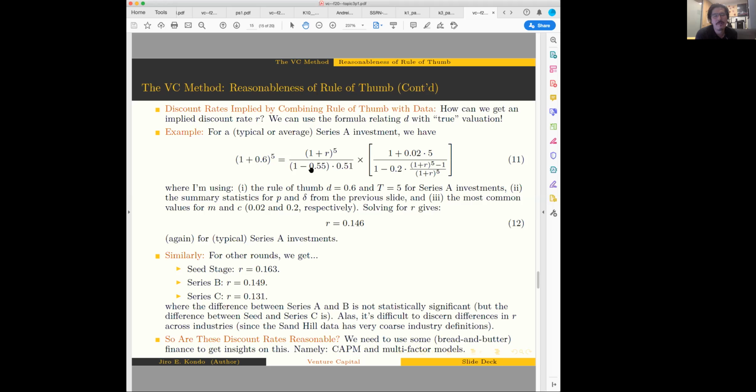I have no basis for deciding which of the two effects dominates, increased exit value versus increased dilution, so to speak. Since I don't have a view, I just assume it kind of balances out. But that's an ad hoc leap of faith that I would love to correct with modernized data.